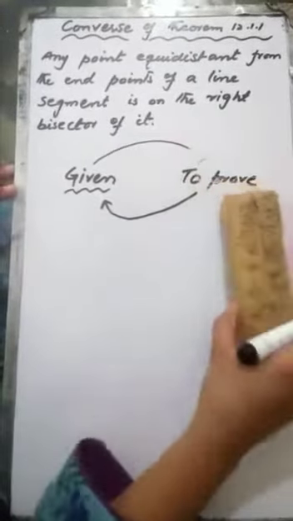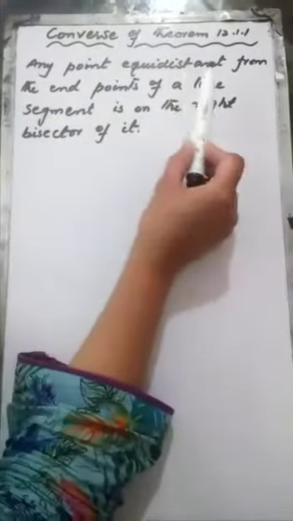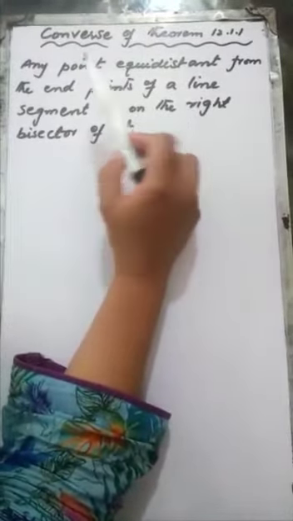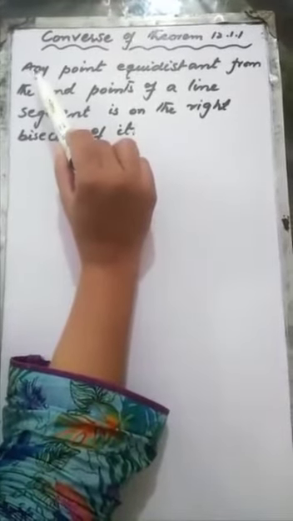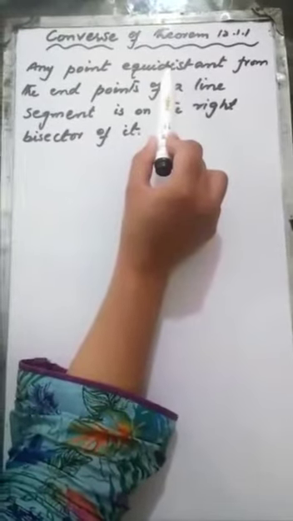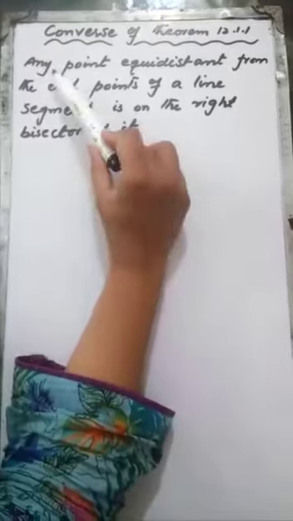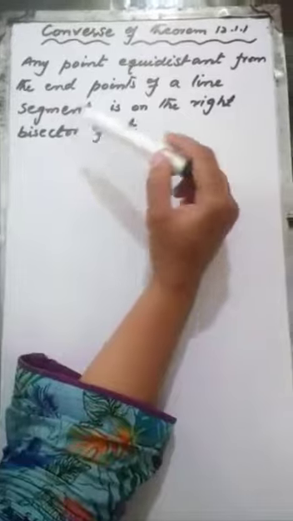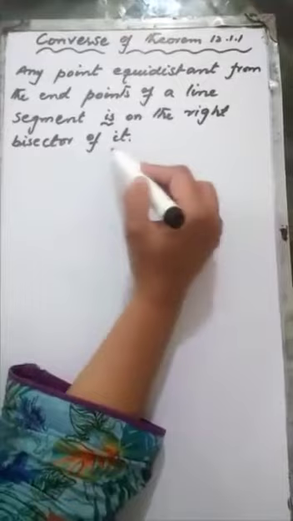So now we are going to start the next theorem. Firstly we will read the statement of this theorem: any point equidistant from the endpoints of a line segment. Now recall the first theorem. In that theorem it was to prove that the point is equidistant from the endpoints of the line segment. Now in this theorem this is given: any point equidistant from the endpoints of a line segment is on the right bisector of it.